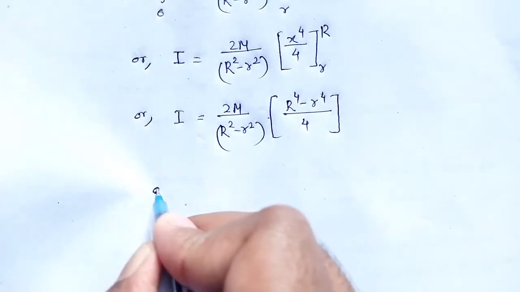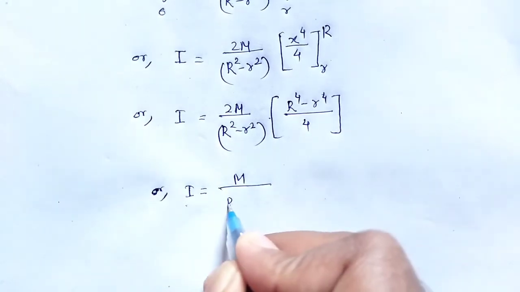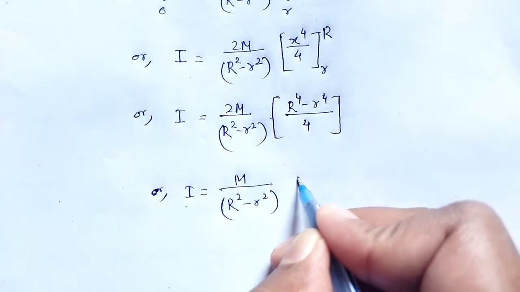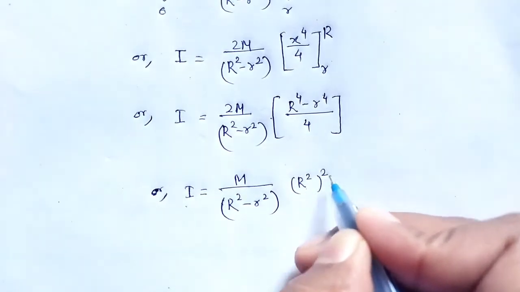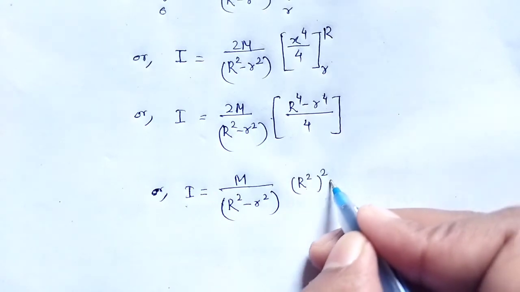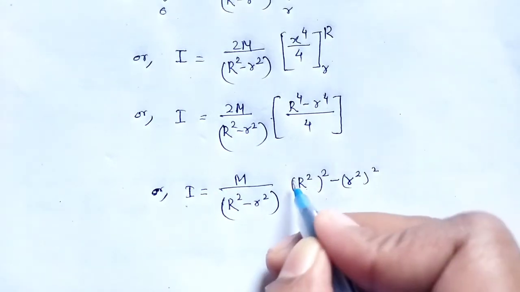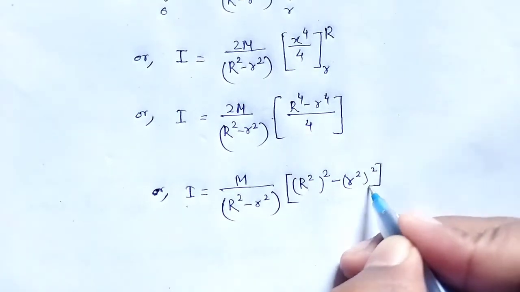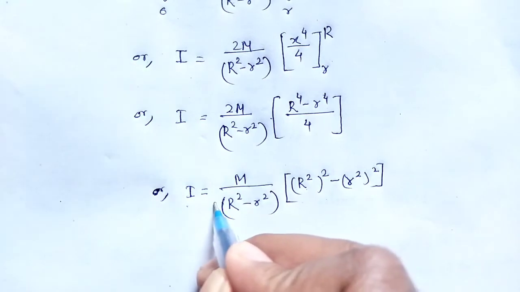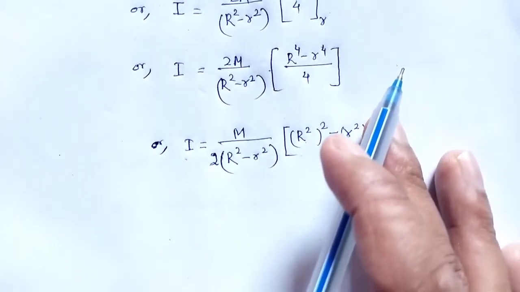Or I is equal to m divided by R square minus r square times R square minus r square whole square, divided by, or we can multiply 2 here, 2 cancels out.